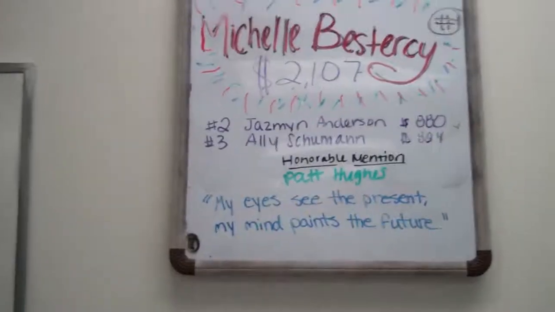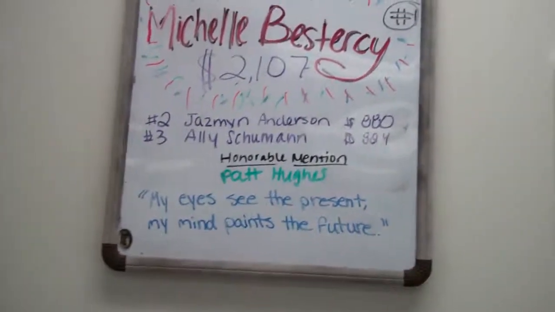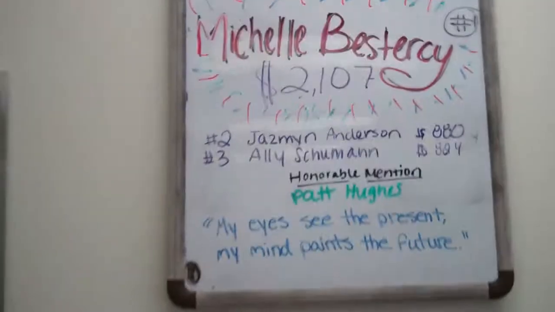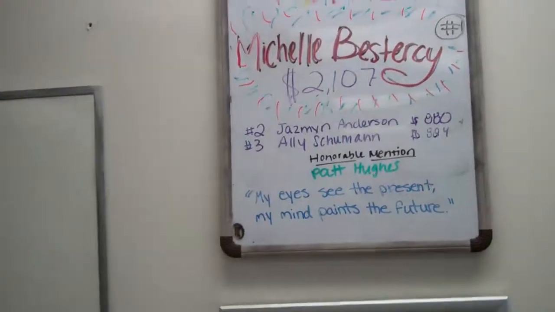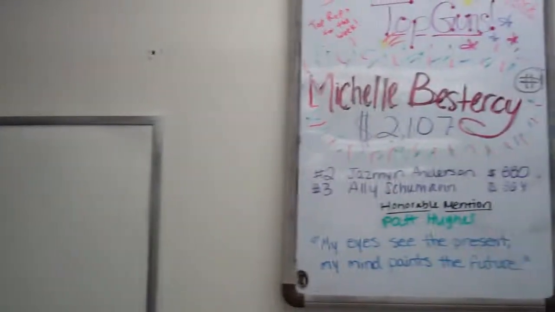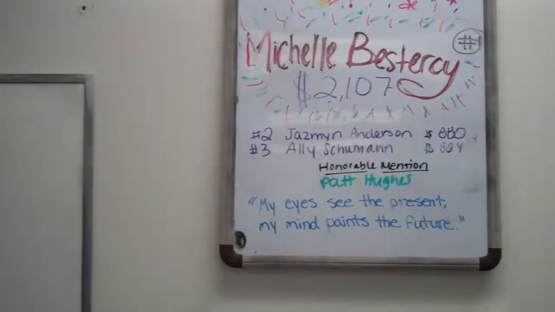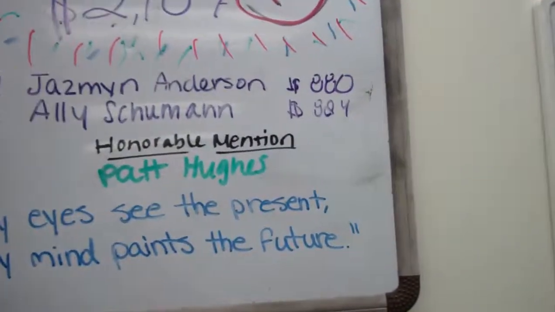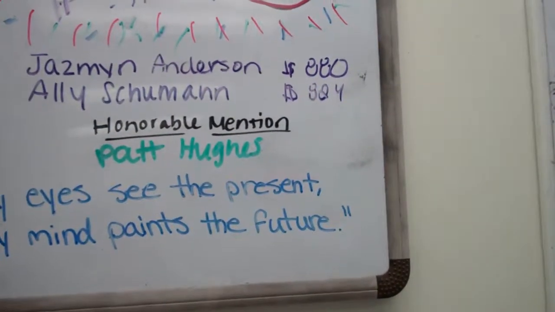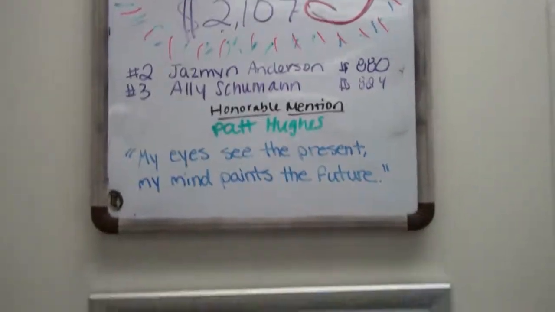Anybody over 1,000 gets their name and a number. Number 1 you should separate somehow. It doesn't have to be that big, but it should be a different color or something like that, or make them fancy. Anyone over 750 goes above the honorable mention.